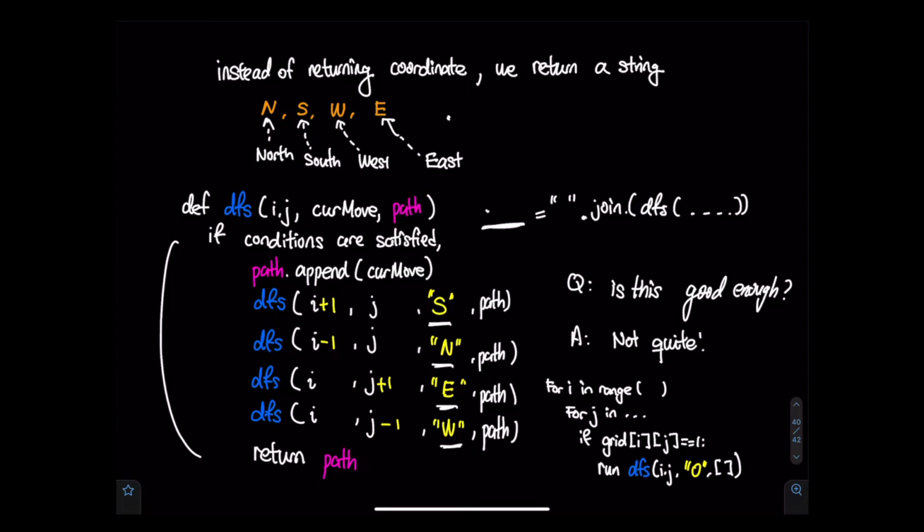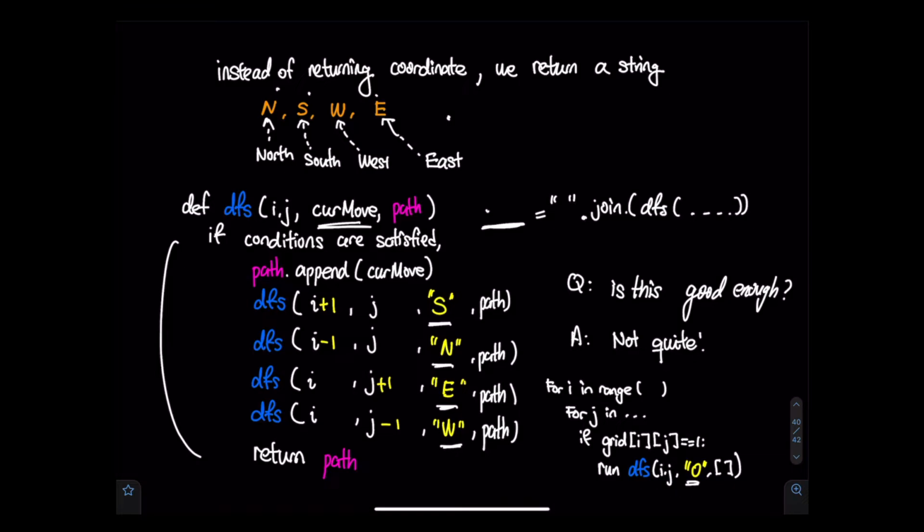So when you initially run DFS, you have to add something to our current move here. You can add any string that's not related to NSWE. So I just put O there. You can put say A, B, C, something like that. It doesn't really matter. But that's something that you have to keep in mind.